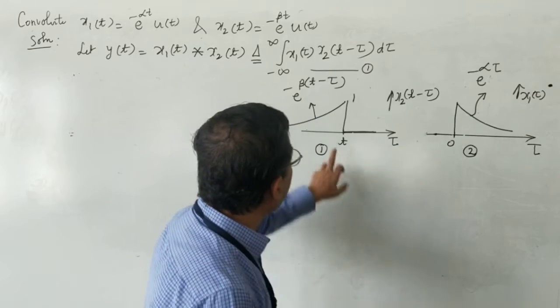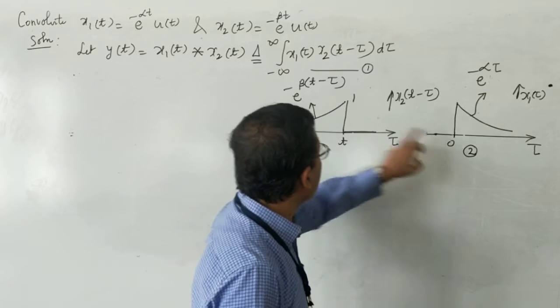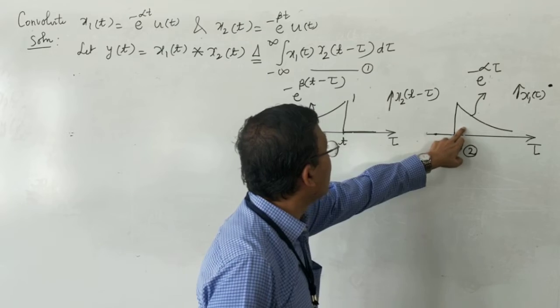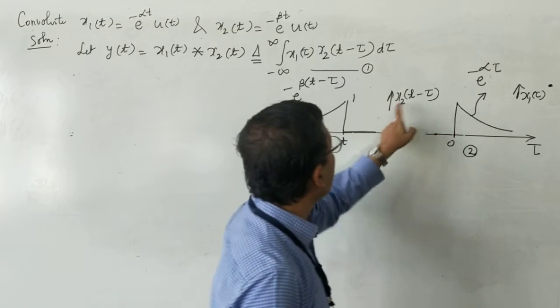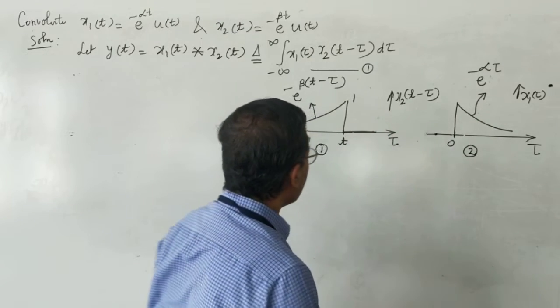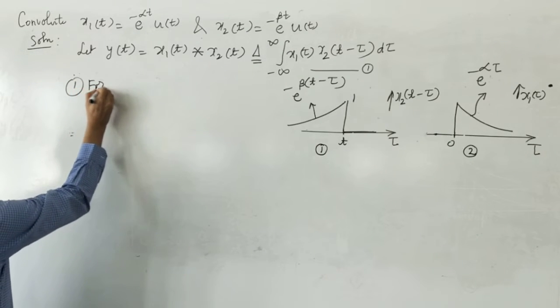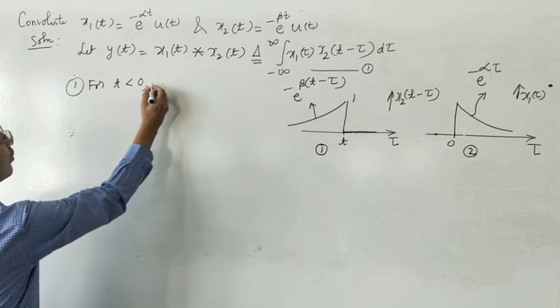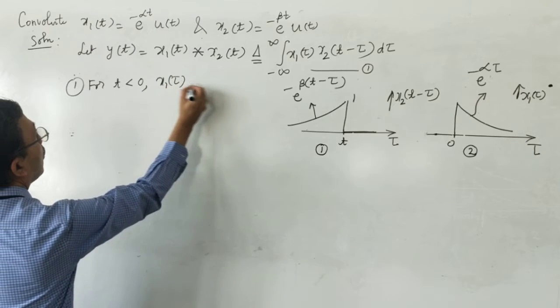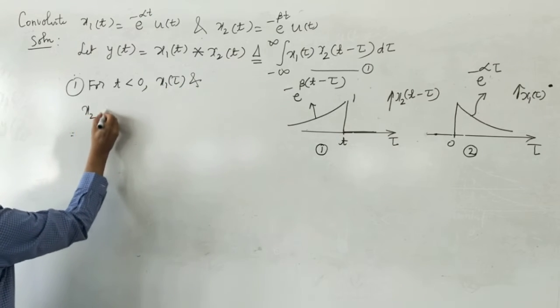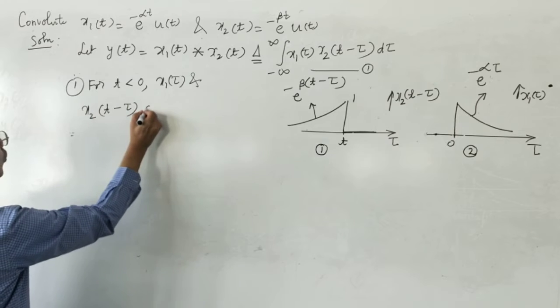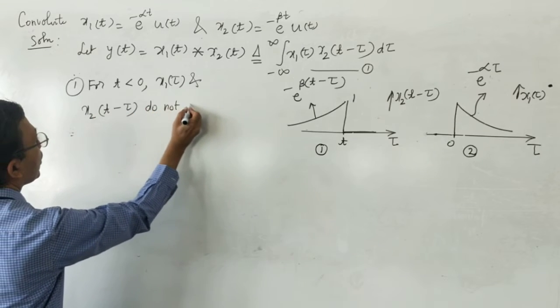Obviously, when t is less than 0, these two figures do not overlap. Therefore, x1 of tau into x2 of t minus tau is 0. I am going to write that for t less than 0, x1 of tau and x2 of t minus tau do not overlap.